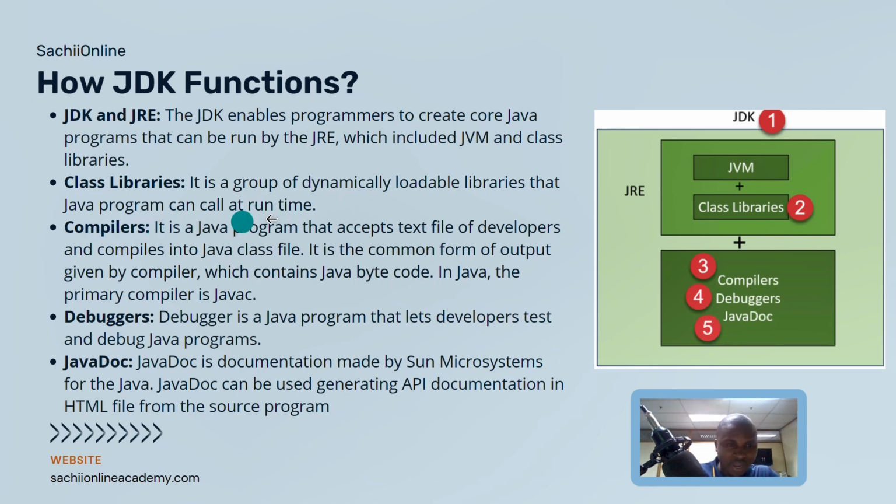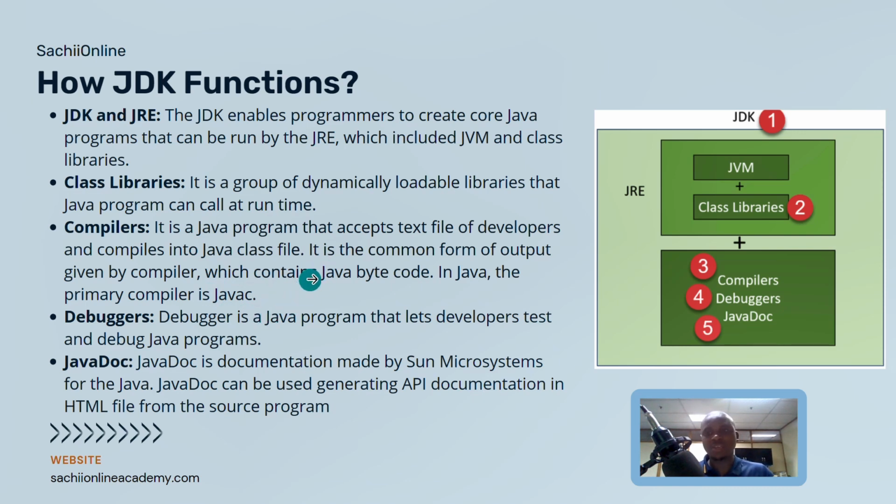And then we've got the compiler. It is a Java program that accepts text files from developers and compiles them into Java class files. This class file, we are going to talk about on the Java Virtual Machine. It is the common form of output given by the compiler, which contains Java bytecode. In Java, the primary compiler is javac, which is the Java compiler.